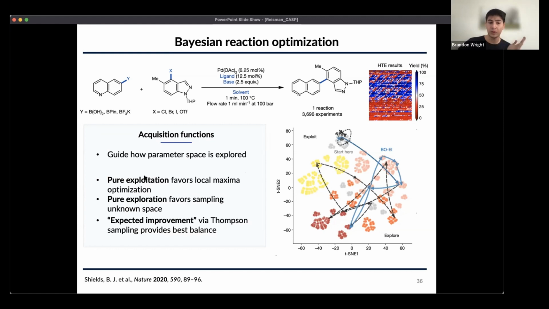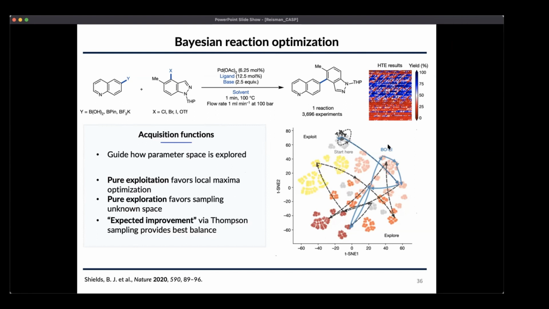Something called a pure exploitation acquisition function might just favor trying to find the nearest maximum and optimize accordingly. Or something more exploration-based might prioritize uncertainty and ask, what is the most different kind of reaction condition that I haven't tried yet? Let's go try that. And then let's go explore over here because I don't know this space very well.